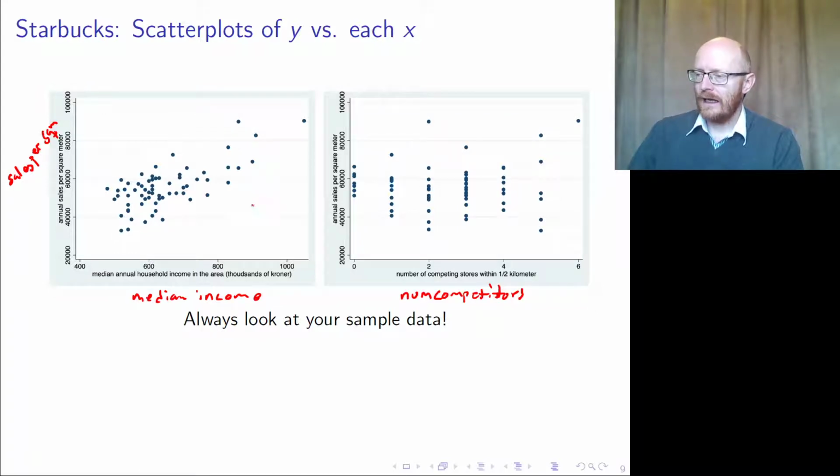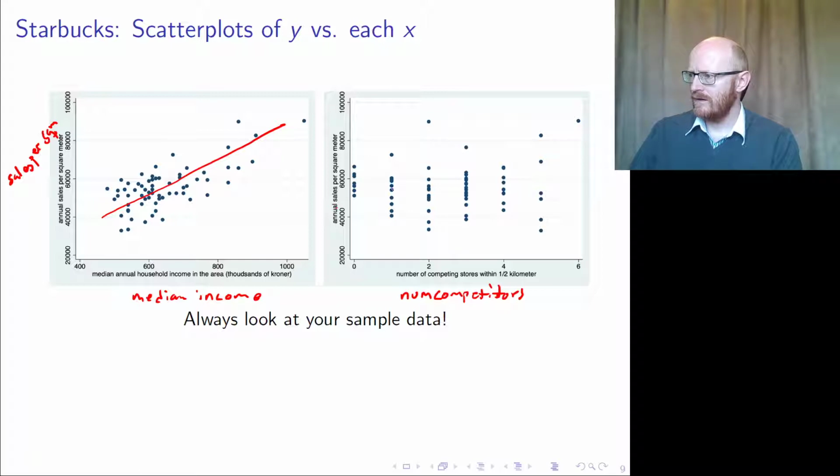And you see that, definitely from the median income, you have quite a linear positive slope relationship. That would be logical, because if median income in the area goes up, then sales probably go up because people have more money to spend on coffee or on premium coffee.